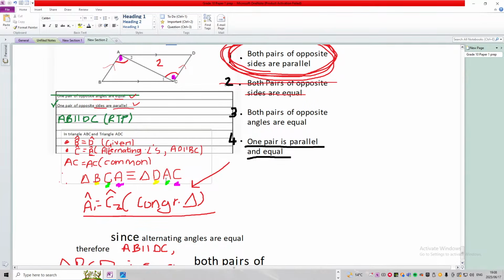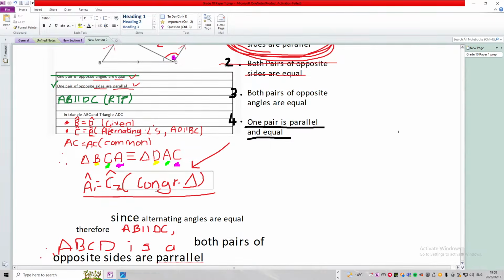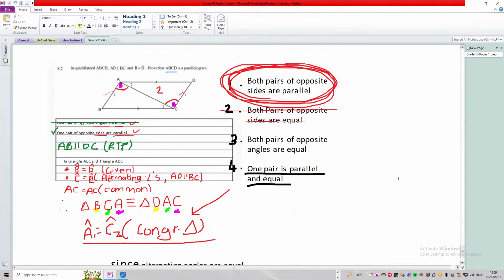Common proves congruency. Proving congruency took 2 minutes. Then finding the angles are equal due to the congruency. Then I can say that since the angles are equal, those lines are parallel. It's 5 minutes. Sounds about right.